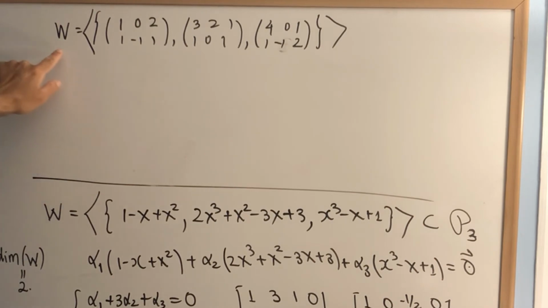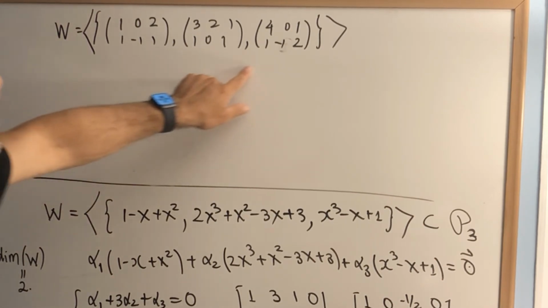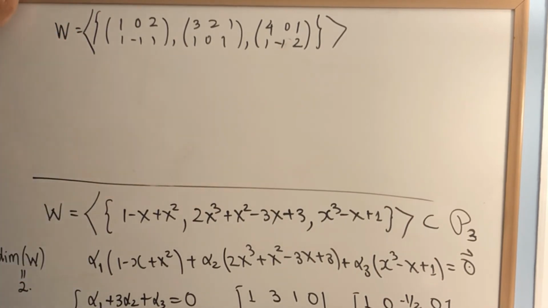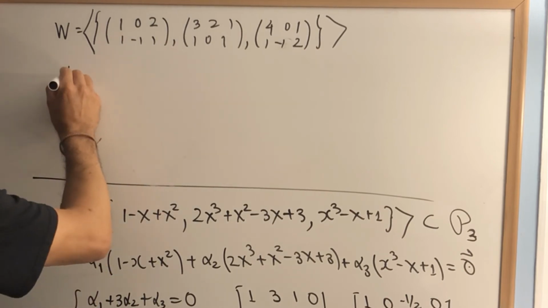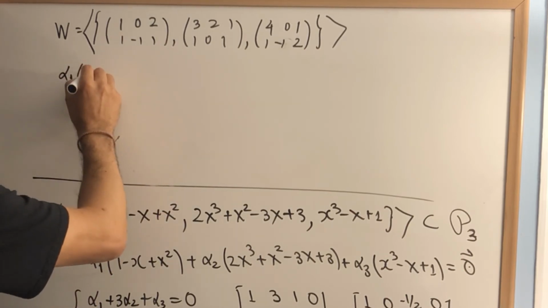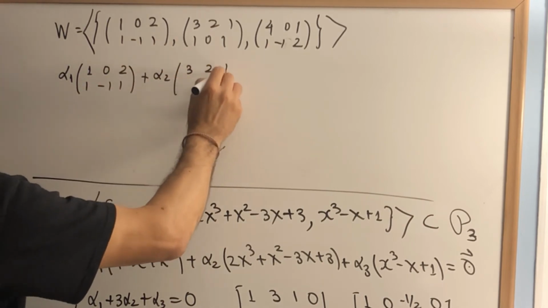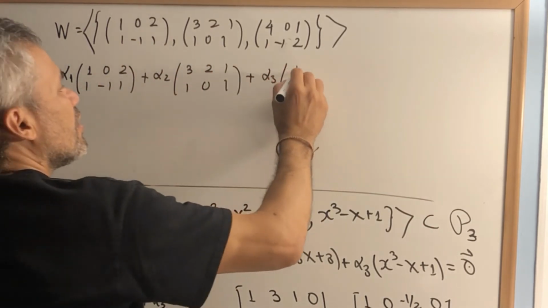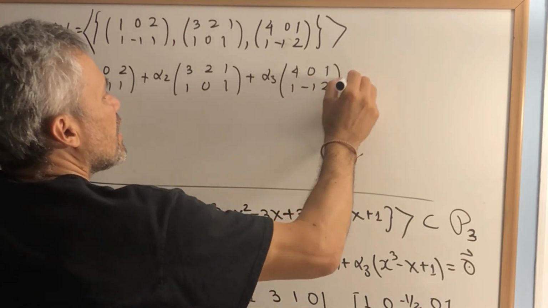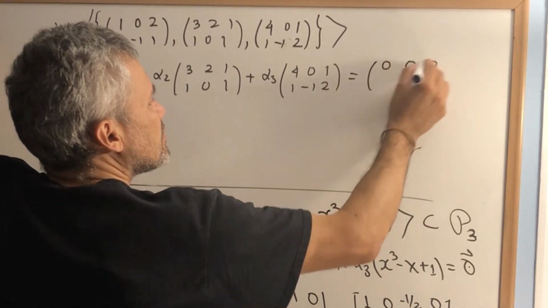Then if we want to compute a basis for W, then we can just set up a linear combination of these matrices equal to the 0 vector.